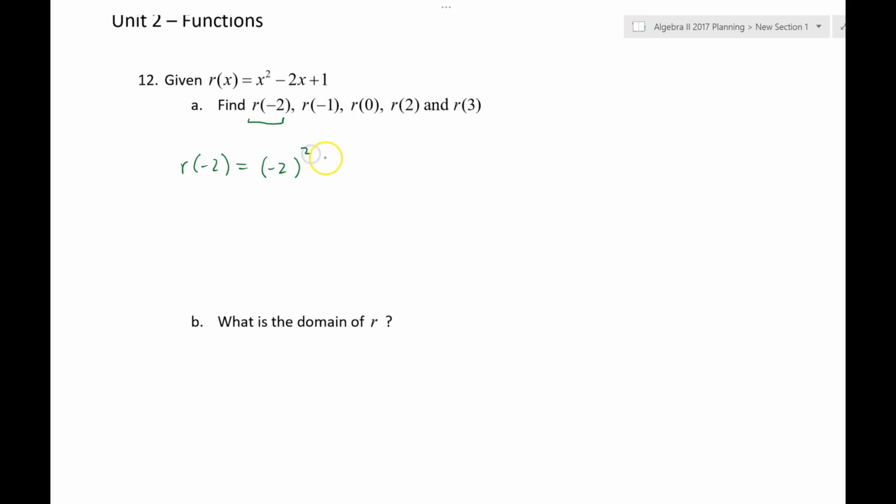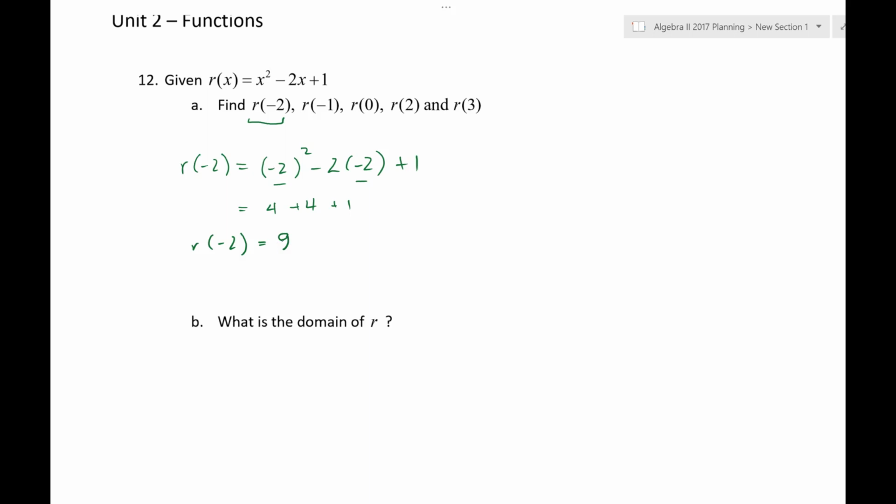So (-2) squared minus 2 times (-2) plus 1. You can see every place there's an x, I put -2, and then I just evaluate. (-2) squared is +4. -2 times -2 is +4. We have a +1. So r of -2 equals 9.